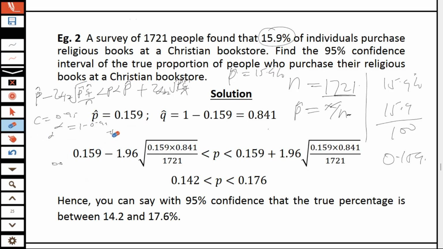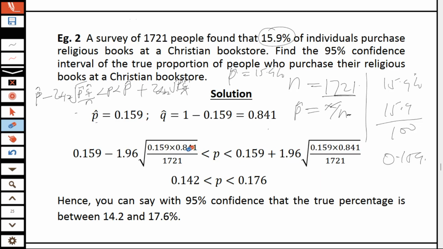Once you calculate that, we are going to get our z subscript alpha divided by 2, that is z subscript 0.975, to be 1.96. Then we just substitute our p hat and q hat divided by our n into the whole expression. On the right hand side it is the same thing, but you change the subtraction to addition.